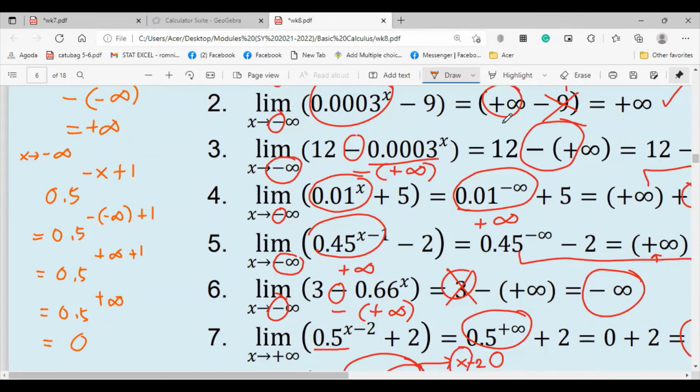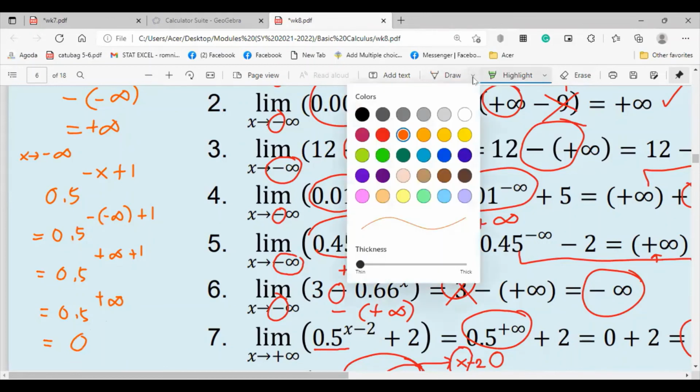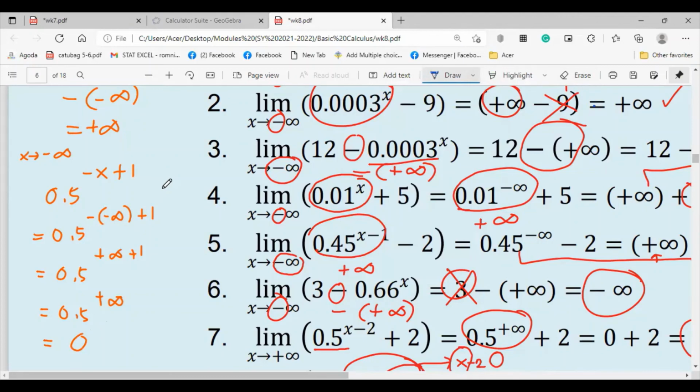Pero kung halimbawa, pinili mong i-rewrite siya, you feel like writing it the other way around, then this will become, from negative x plus 1, magiging x minus 1 na lang siya. So, i-negate mo yan. So, this becomes x minus 1. Substitute mo ang negative infinity.